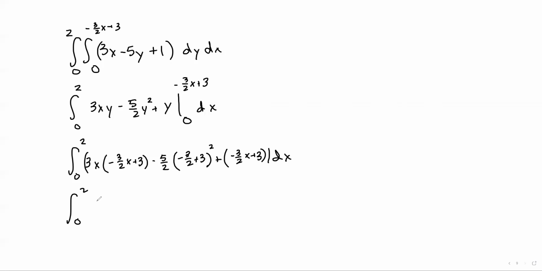This is going to be negative 9 halves x squared plus 9x. There should be an x in here, which we forgot. So this is going to be 9/4 x squared times negative 5 halves. So we're going to get negative 45/8 x squared.